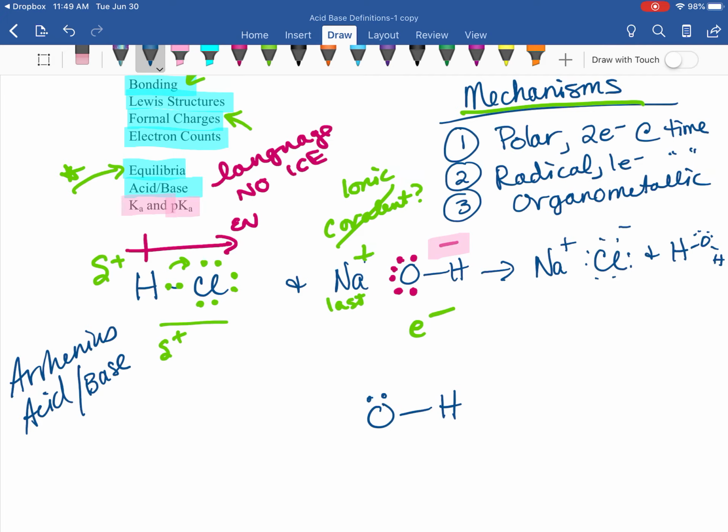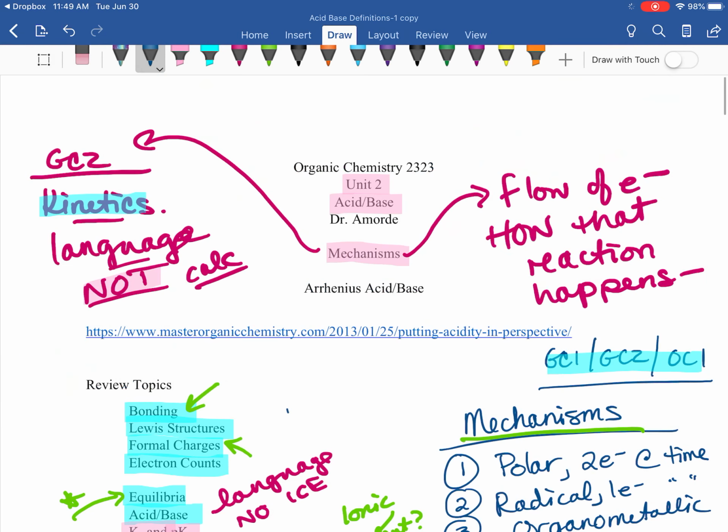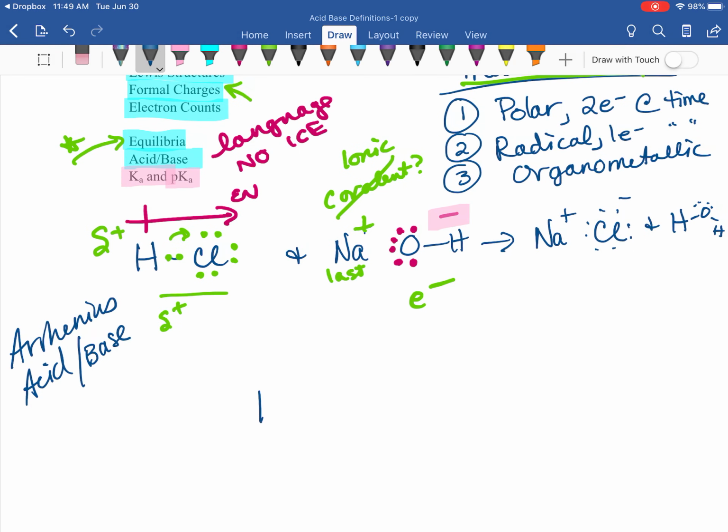We are going to take that OH. You've got extra electrons there. And when that smacks into your HCl, in fact, let's draw this a little bit better. What if we then have a collision like this?